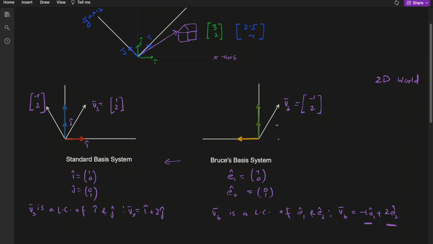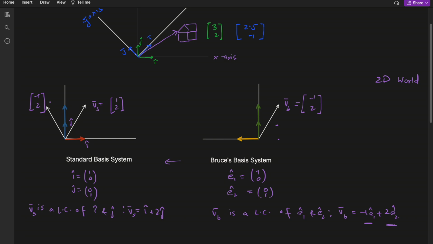Because they don't know Bruce's basis system. They may be assuming he is using the standard basis system only. But I know the correct basis for Bruce's system, so I will decode it. I know that for him i hat and j hat are not this but this. So I will be able to decode it properly. Now we will see how I am going to decode this vector minus 1 comma 2, which looks like it is somewhere here, but it is not here.